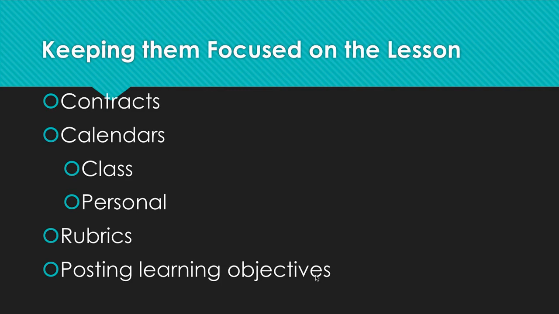Because again, if you don't have that, they might get mired down in something else, and so eventually their final product does not reflect what you wanted them to learn. So keeping them focused on these by using learning objectives is that visible learning that Hattie talks about. Just, here's what I want you to learn. I'm not making it secretive. Make sure you learn this, so keep that in mind whenever you're doing your work.